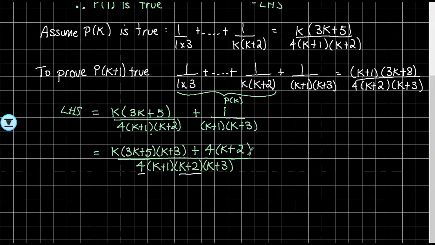A little bit disgusting, because if we always look at what we're trying to get to, we're happy we've got the 4, we've got the (k plus 2) and the (k plus 3), but this (k plus 1) is not in our right-hand side. So what is that basically telling you should be happening? Yeah, it should be that on the top line, we should get a common factor of (k plus 1) so we can cancel it out.